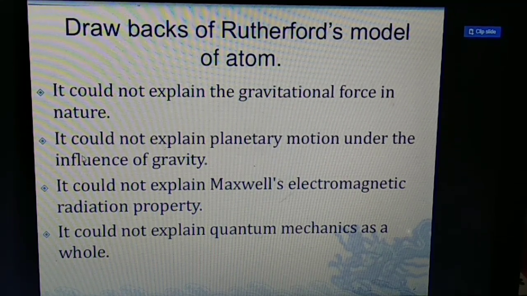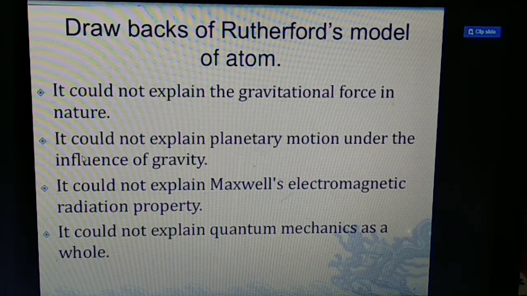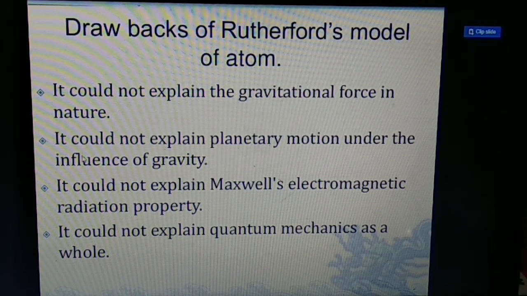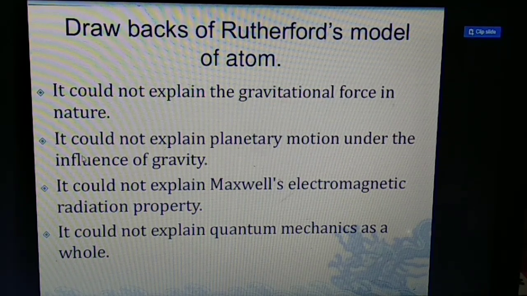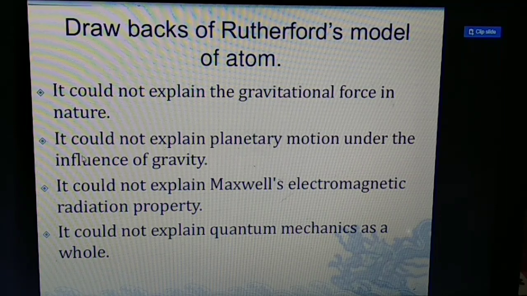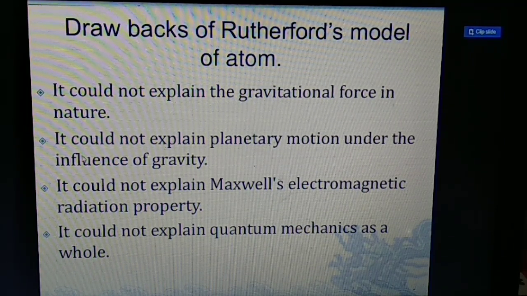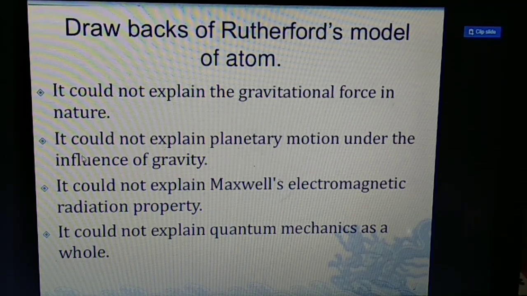we have to study for the structure of atom, and Rutherford's model could not explain the stability of the atom. According to electromagnetic theory, when a charged particle revolves around an oppositely charged particle, the revolving charged particle always radiates energy according to Rutherford's model.